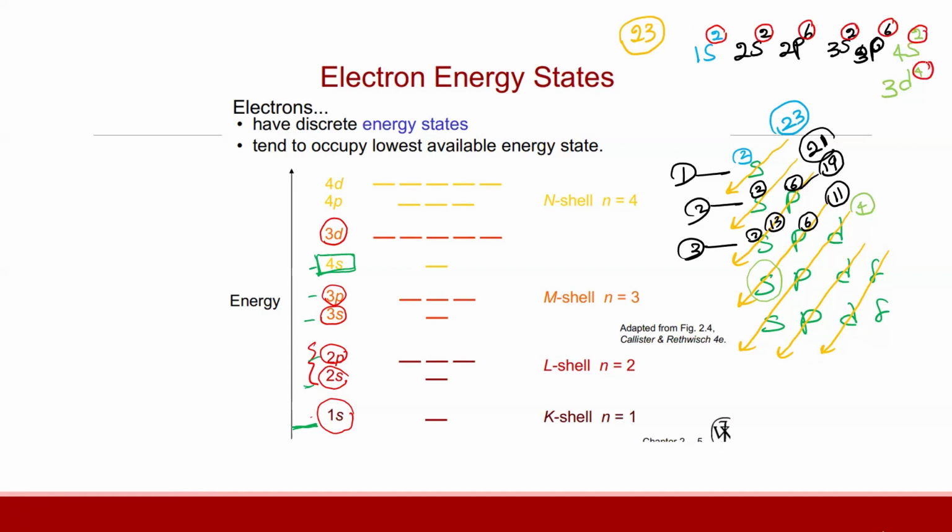If we have 23 altogether, that means this is right. Why did this 4s come before the 3d? Because when we are dropping electrons along the path, before the 3d, 4s is coming. The energy level of 4s is staying between these two, so we have to fill this one before moving to the next.